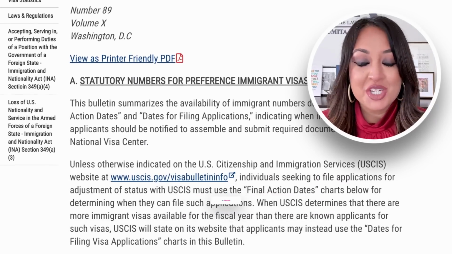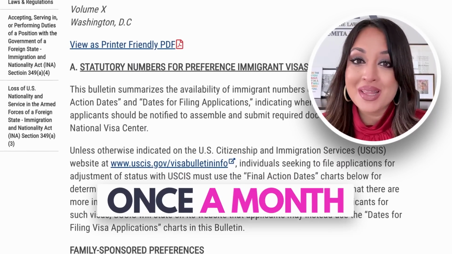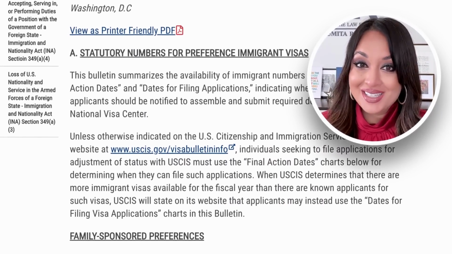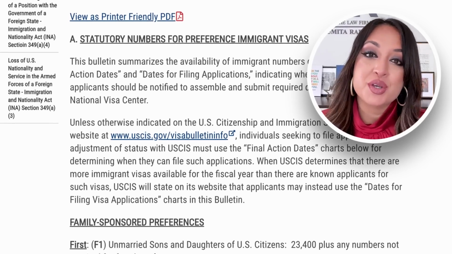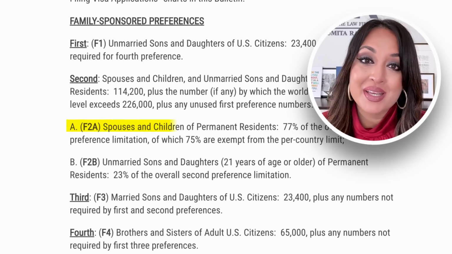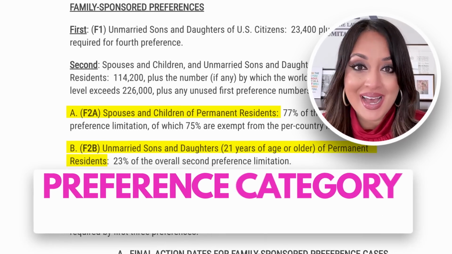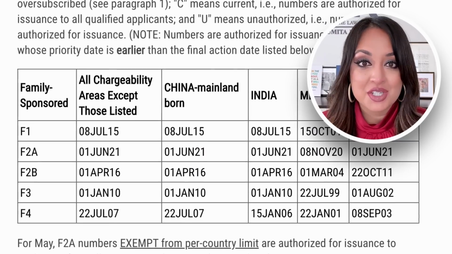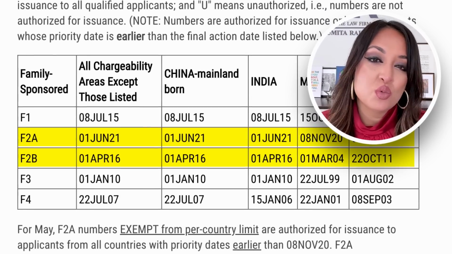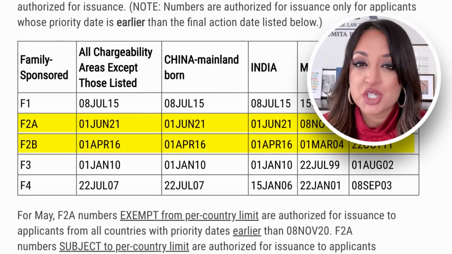But one more thing that will affect when your relative gets an interview is the visa bulletin. You need to be checking the visa bulletin once a month to see what it says. Because you are a green card holder, your relative is considered to be what is called a preference category relative. And as such, the government will put them into waiting periods in order to be issued a visa.